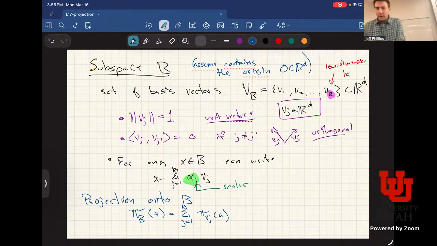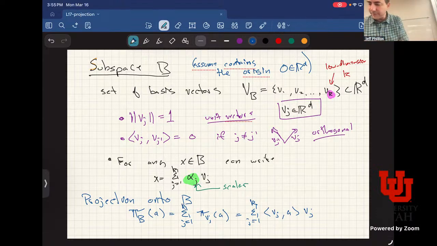In fact, if you understand the projection operation, then just geometrically, you can think of it that way. I can also write out exactly what this was: Vj dot A times Vj. So I can also write it in this form.